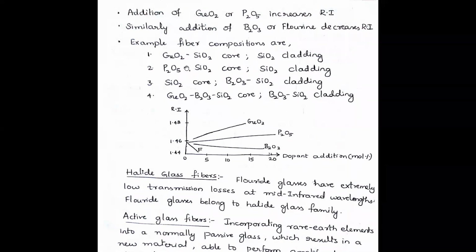If you want to increase the refractive index, you need to add dopants such as GeO2 or P2O5, germanium dioxide or phosphorus pentoxide. If you want to reduce the refractive index, you need to add the trivalent impurities like boron and fluorine. So these are the raw materials which are used to fabricate our glass fiber.